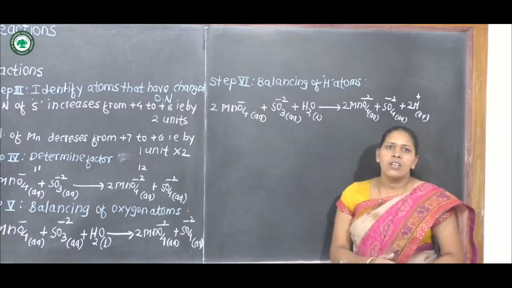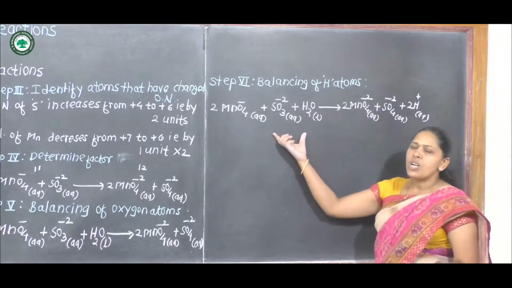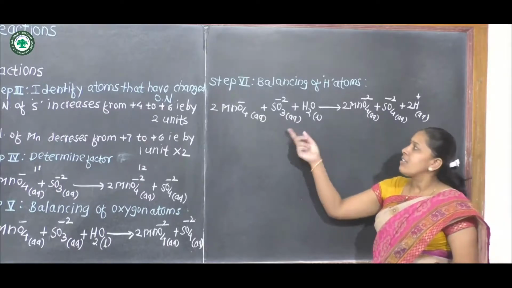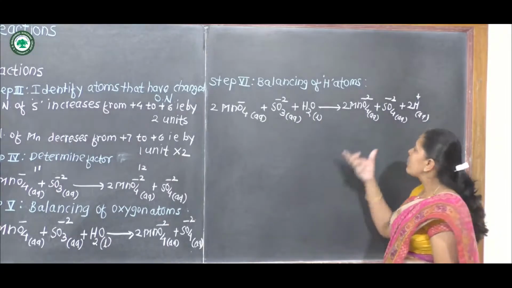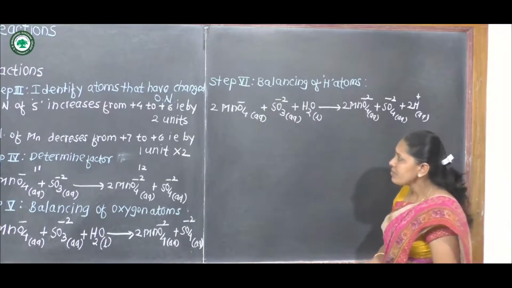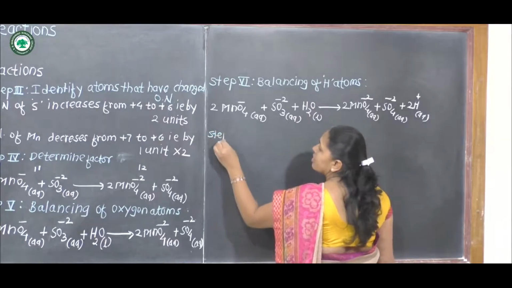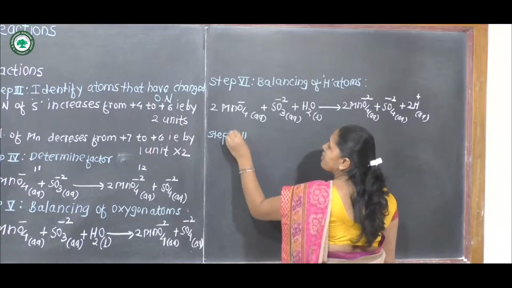Now, hydrogen and oxygen are balanced. On the reactant side, there are 2 hydrogen atoms, and on the product side there are also 2 hydrogen atoms. Then, last step, step 7.